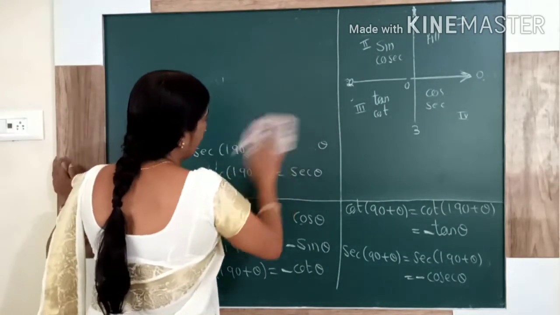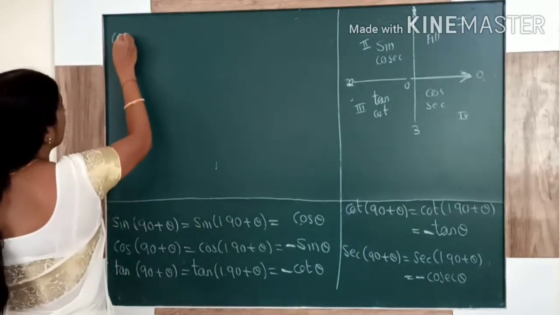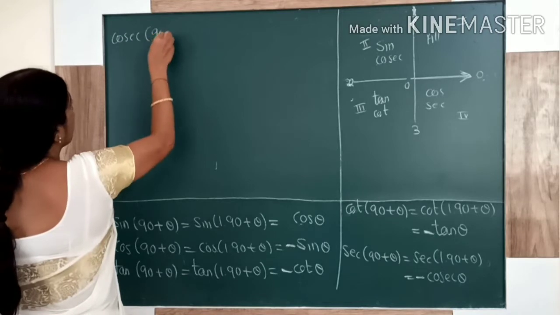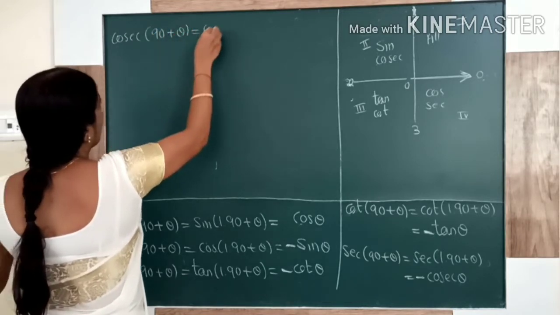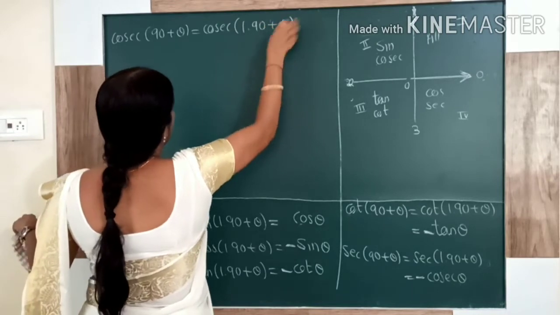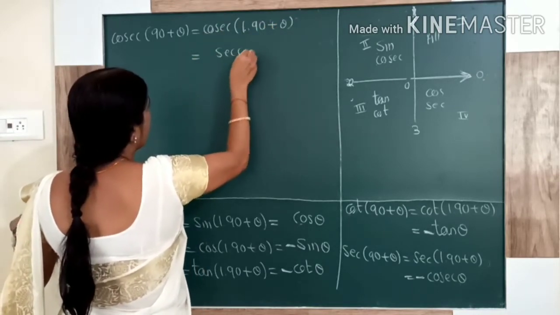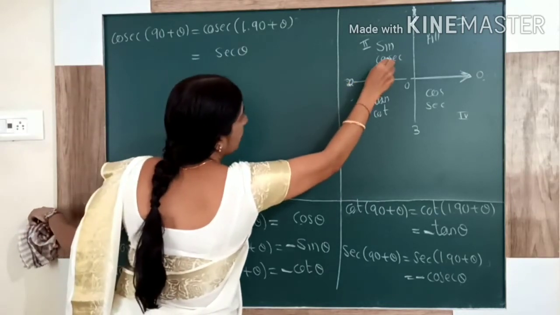Last one, cosec. One is odd, so cosec changes to sec. But what is the sign of sec in the second quadrant?